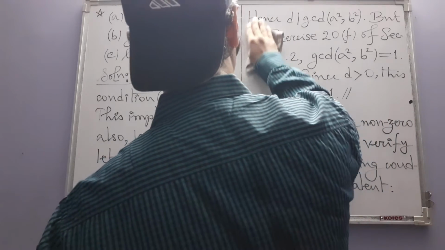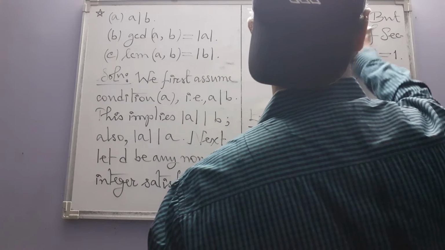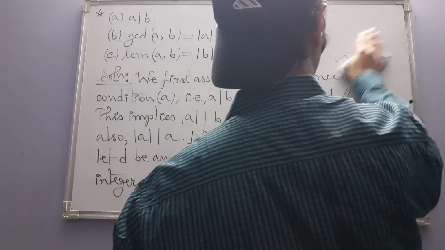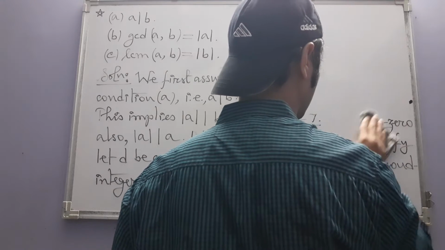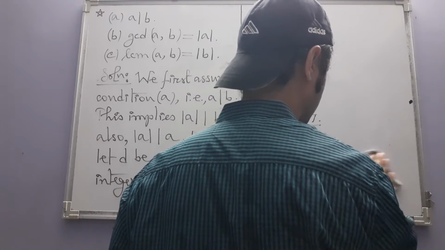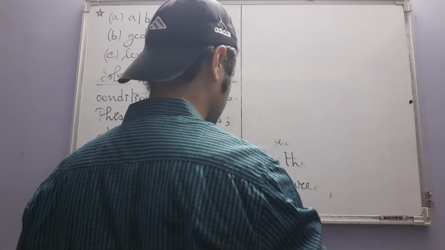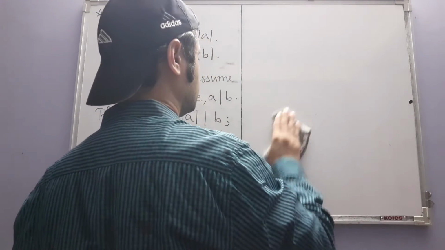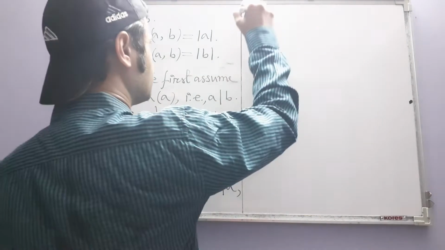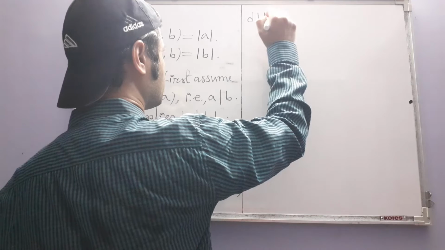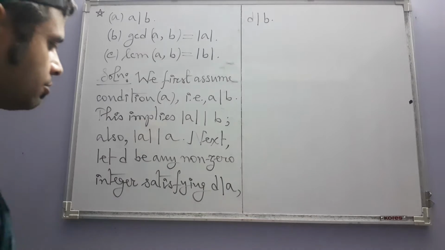In other words, d is a common divisor of a and b. Okay, now we are going to consider something else.